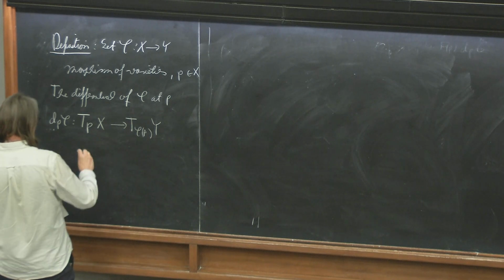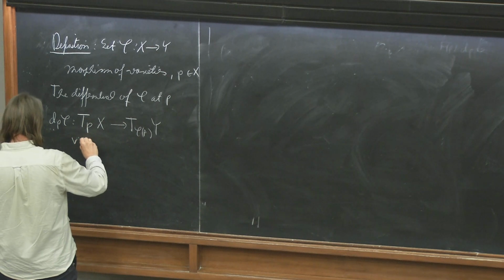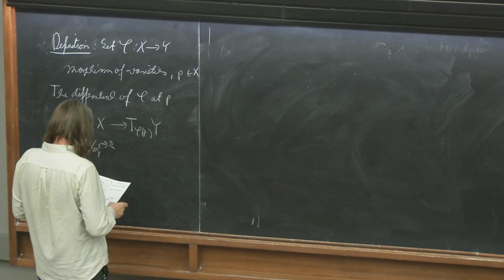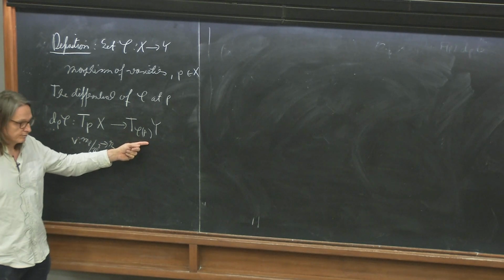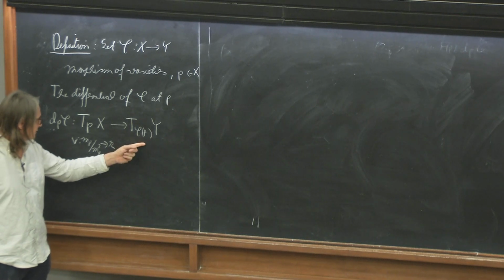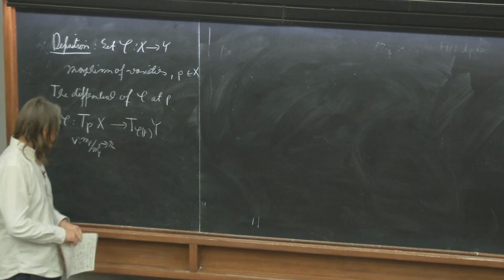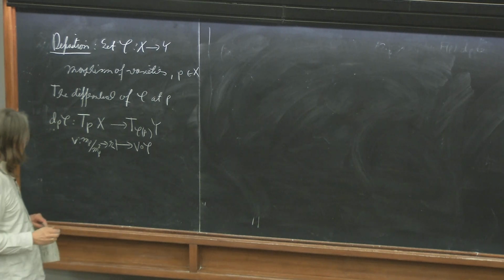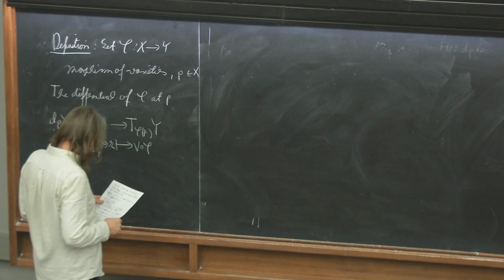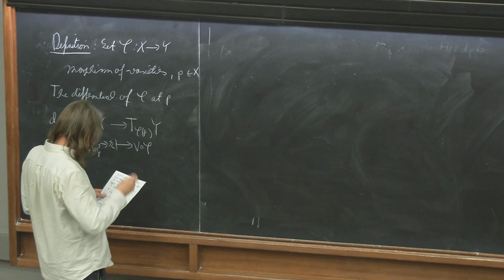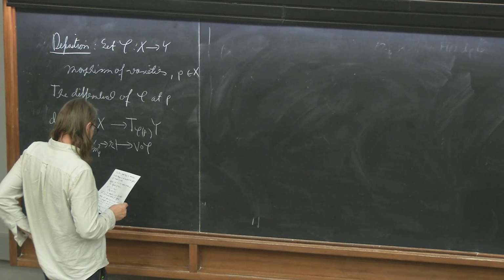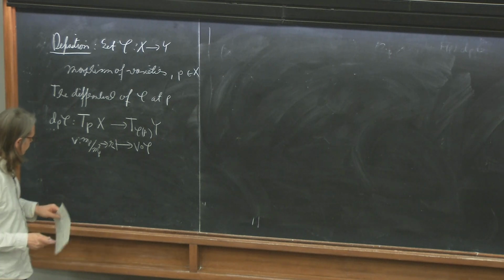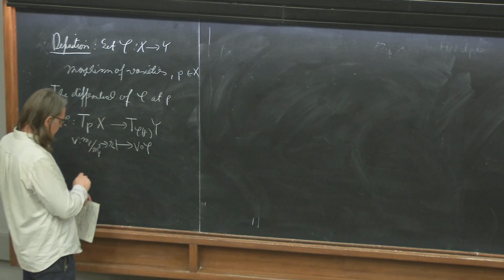So what is the tangent vector here? It is a map from MP modulo MP squared to K. And here we want instead the corresponding thing for phi of P. So obviously, the way we get a tangent vector here is by composing with phi. So this is sent to V composed with phi.